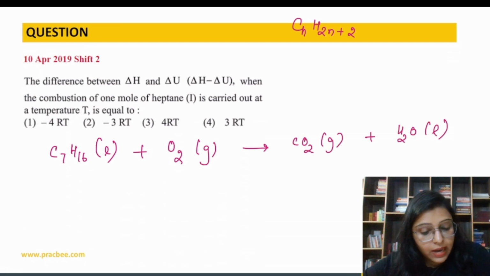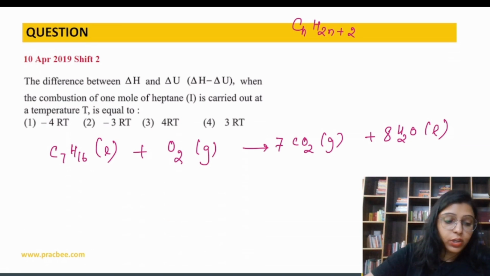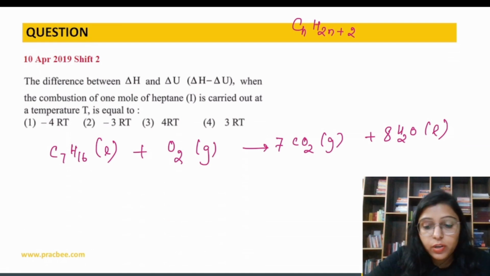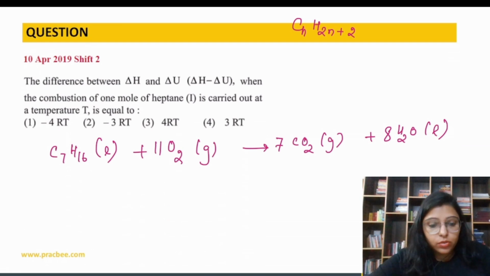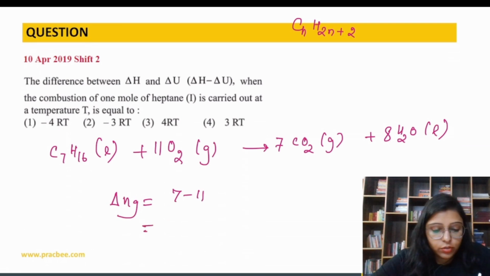So first we have to balance carbon, which is 7, then we have to balance hydrogen, and lastly we have to balance oxygen. So total oxygen is 8 plus 14, so 14 plus 8, 22, so we write 11 O2. So delta Ng over here is going to be 7 minus 11, which is equal to minus 4. Okay, fine.